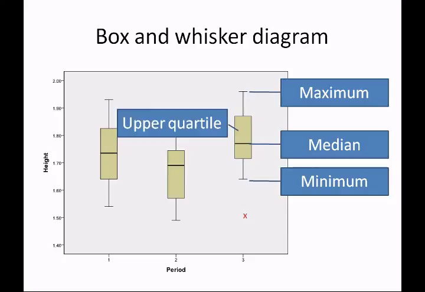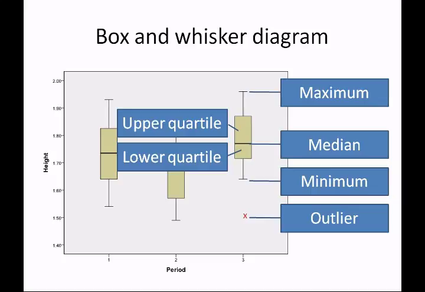Then we have the upper quartile, the 25% of observations which are above the median, and the lower quartile, the 25% of observations which are below the median. It will also indicate if you have any outliers in your data set, as shown here.